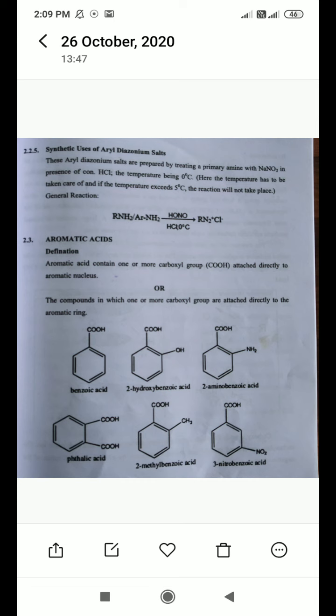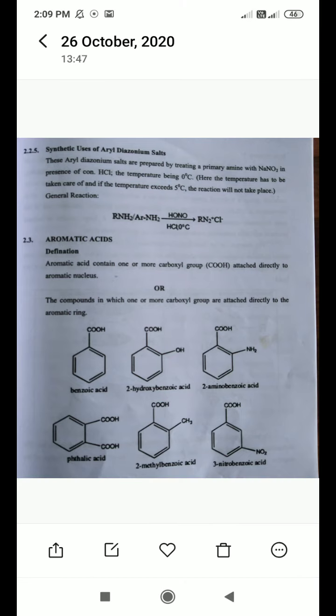Here we have names like benzoic acid or ethanoic acid, these are some IUPAC names. Here 2-aminobenzoic acid, 2-hydroxybenzoic acid, which is also called phenoic acid.